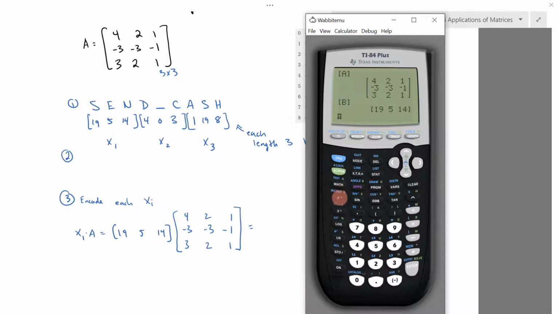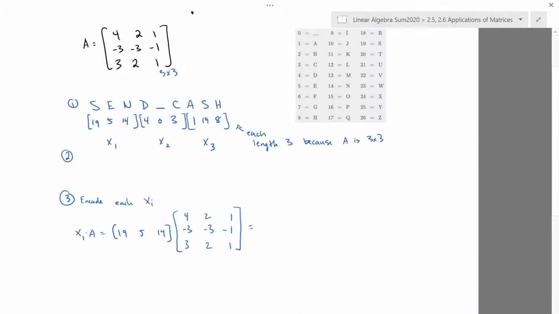So B should be on the left, and then A should be on the right. This results in 103, 51, and 28. So this is Y1. This is now encoded, whereas this here is unencoded.